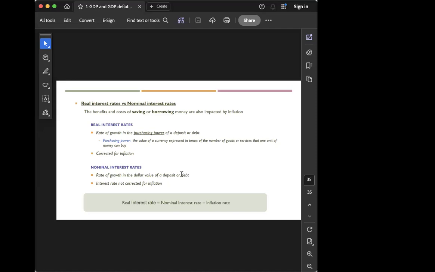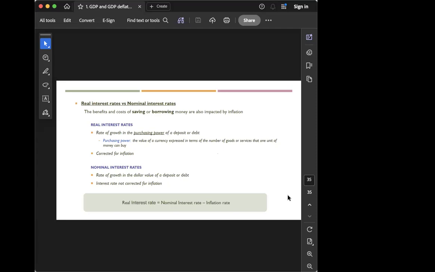Your money increased by 5% in dollar terms, but prices also rose by 3%, so your purchasing power increased by only about 2%. This matters because what we really care about is not just how many dollars we have, but how much those dollars can actually buy. This is the last part of the inflation section.